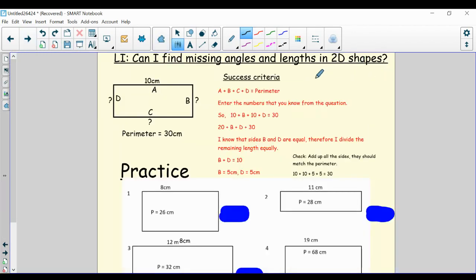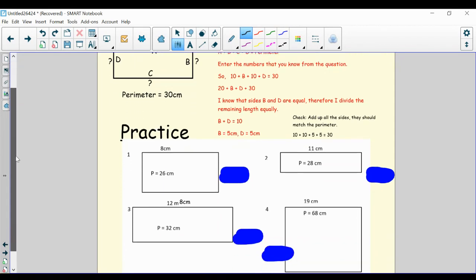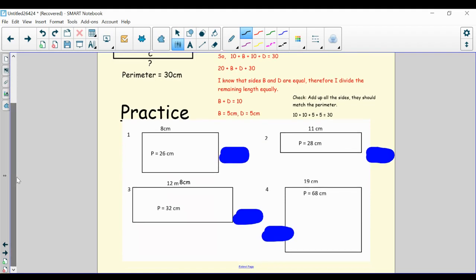Okay, here is a success criteria explaining exactly how I showed those examples just now. I would like you to try these 4 questions. If you are confident in doing these 4 questions, then I'd like you to start challenge 2. If these are a bit too difficult at the moment, you have 2 choices.